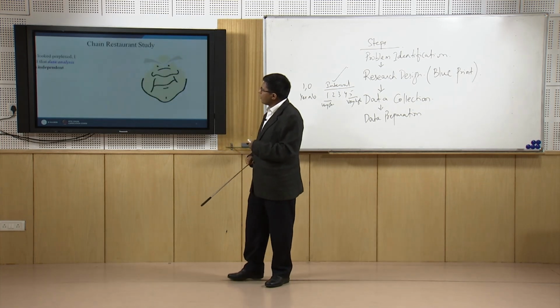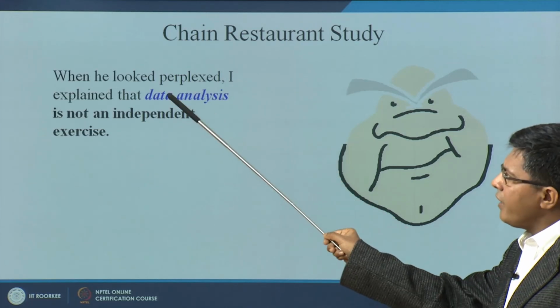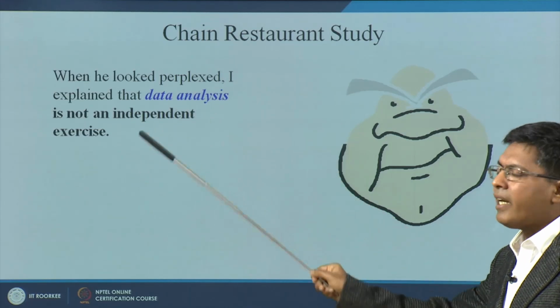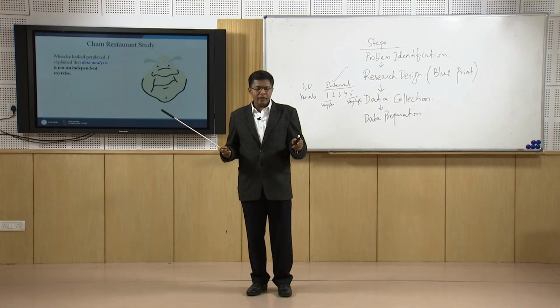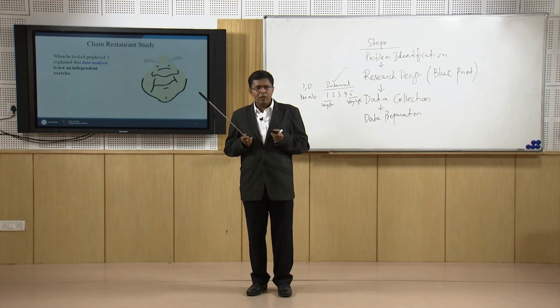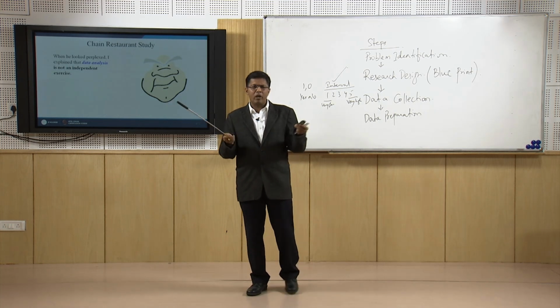Now, in the same case, he explains that data analysis is not an independent exercise. This is very important, which I am going to repeat now. Data analysis is not an independent exercise, please remember it. Why? Because if I am teaching marketing research, I am concerned about the consumers, the market, and functional areas connected with marketing, like product, promotion, price.